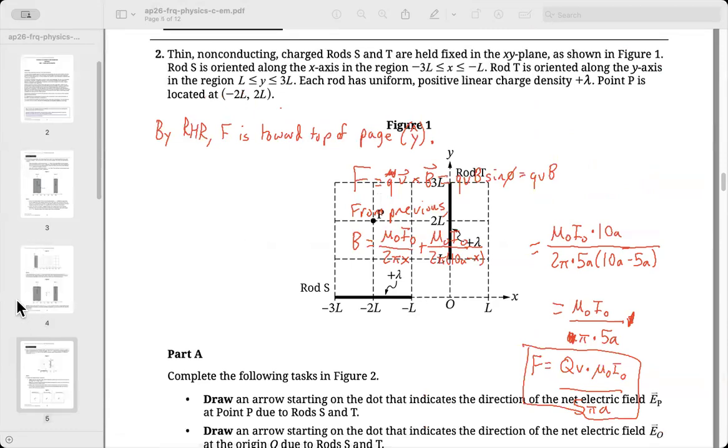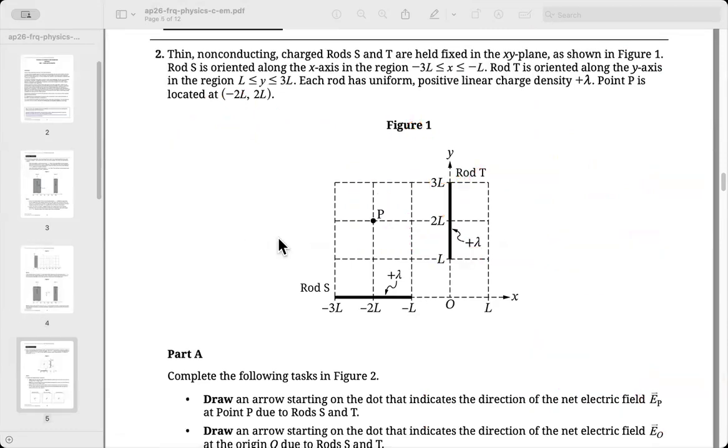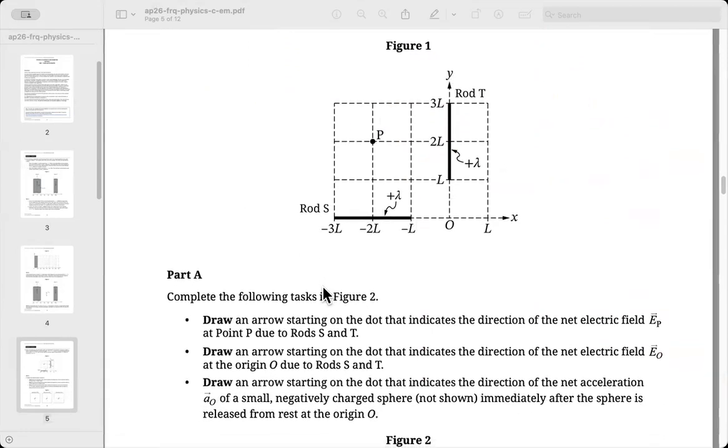All right, so let's go ahead and delete this. You have a thin non-conducting charged rod, so they're insulators, from -3L to -L, and then L to 3L. Point P is located at -2L. They both have the same positive charge density. So draw the following in figure 2.